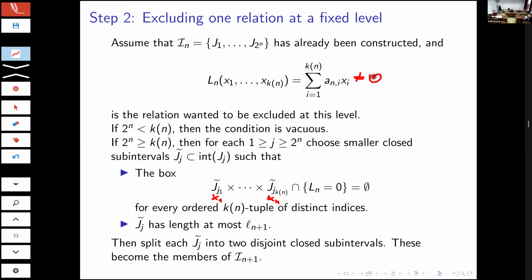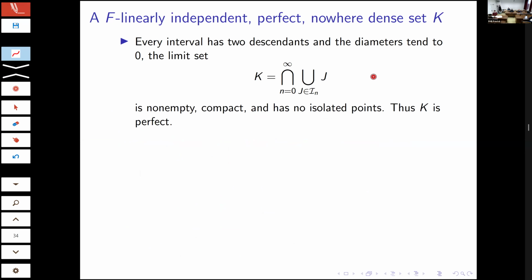I also take care of the length of the intervals, so I shrink if needed, and at the end I split into 2 disjoint intervals, because I would like to keep the condition that in each step I have 2 to the n plus 1 intervals. So okay, let's check the properties. Every interval has 2 descendants, and the diameter tends to 0.